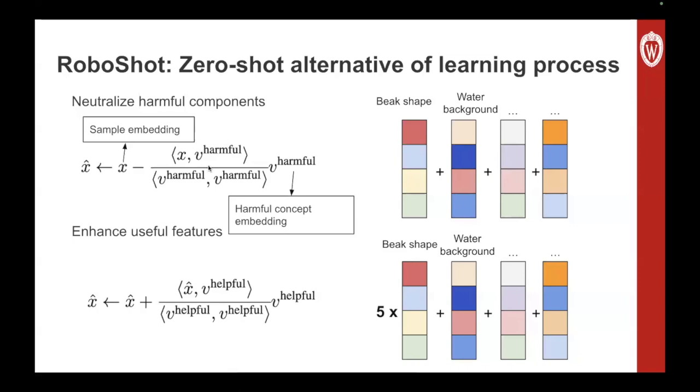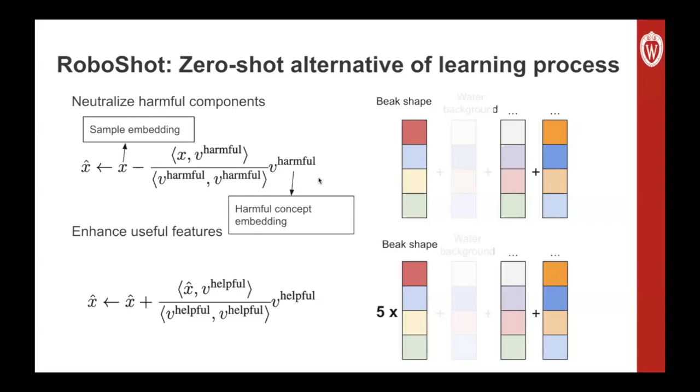So the expectation here is that once we do the simple subtraction, the influence from the background on the embedding would be minimized. So now that we have done this subtraction, so that we don't lose too much information in our embedding, we also enhance the influence of the actual useful feature.